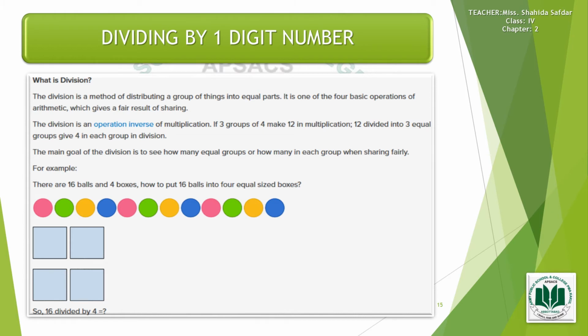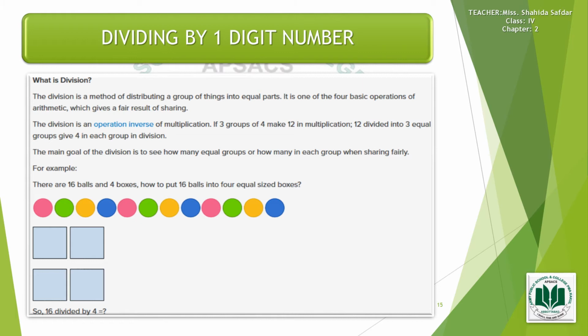Now, what is the main goal of division? The main goal of division is to see how many equal groups or how many in each group when sharing fairly. For example, there are 16 balls and 4 boxes. Now, how to put 16 balls into 4 equal sized boxes?